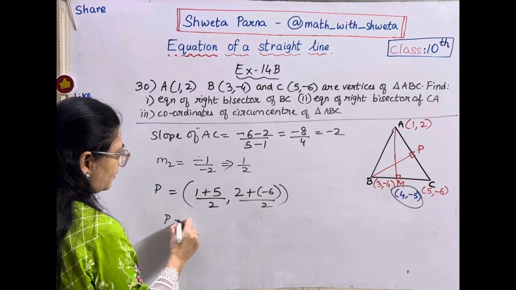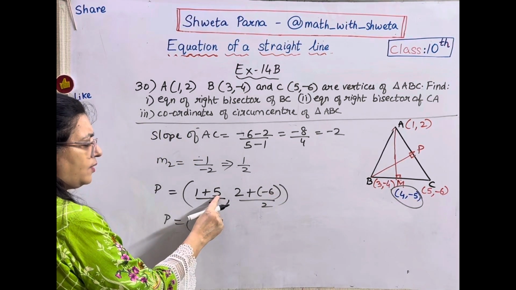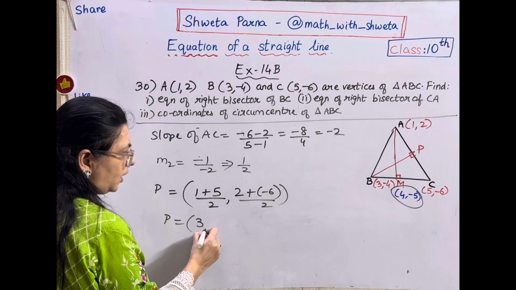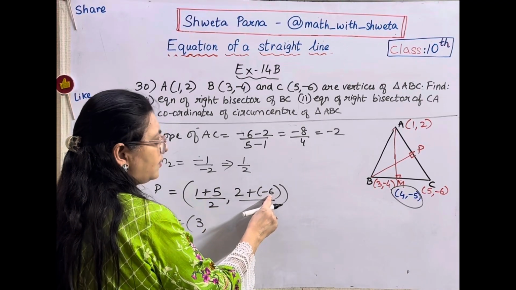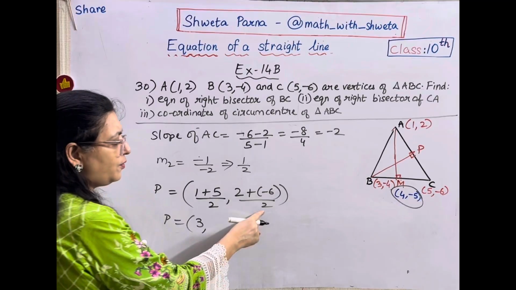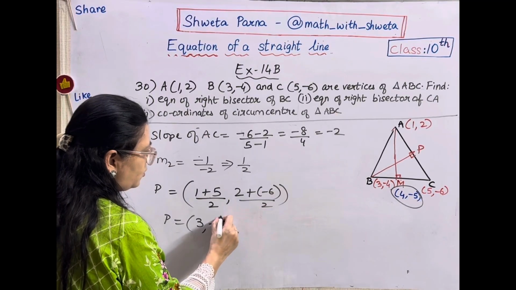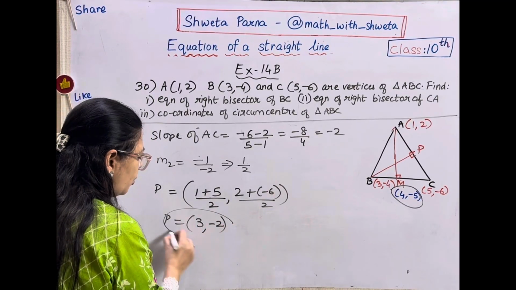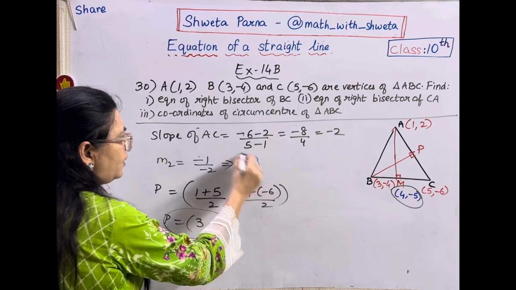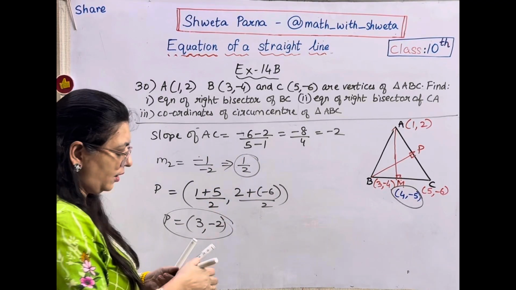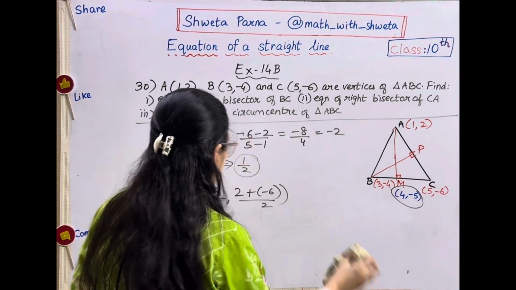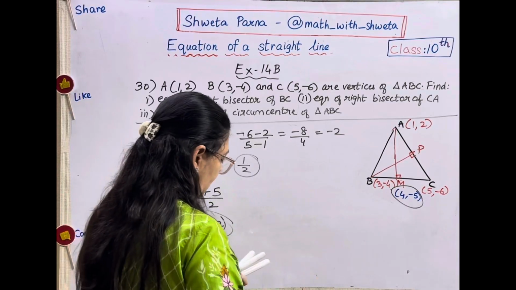So the coordinates are 1 plus 5 is 6, 6 divided by 2 is 3, 2 plus minus 6 is minus 4, minus 4 divided by 2 is minus 2. So using this coordinate and this slope, you are going to write the equation. I'll write it here.